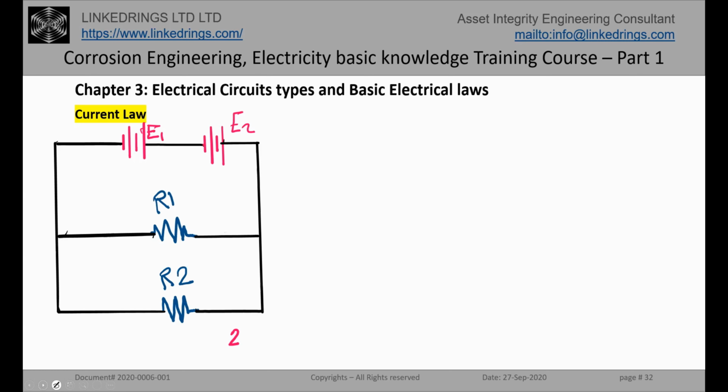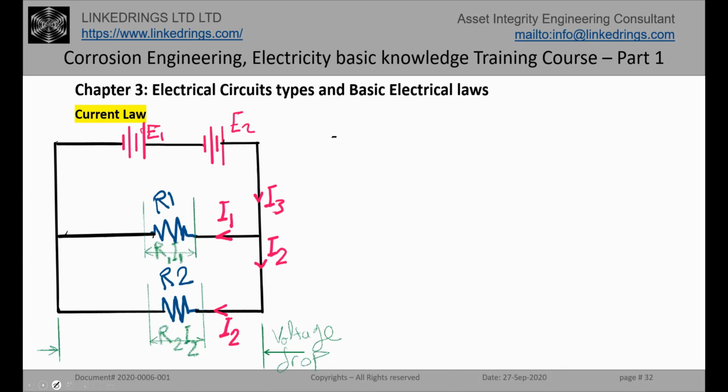We are now seeing a parallel electrical circuit, with R1 and R2 resistances connected in parallel, and the power sources are E1 and E2. If we apply Kirchhoff's law around this closed loop, the voltage source E1 plus E2 equals the voltage drop, which will be I1 times R1, as I am looking at this closed loop electrical circuit.